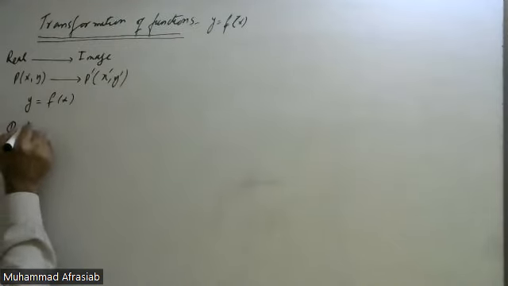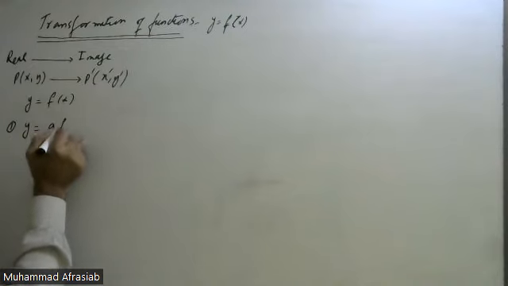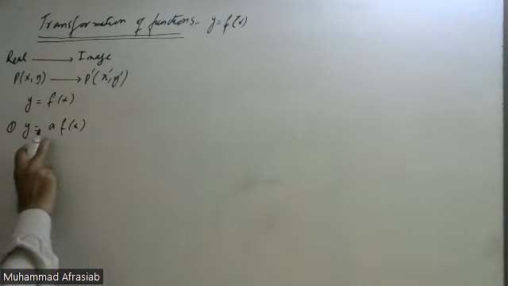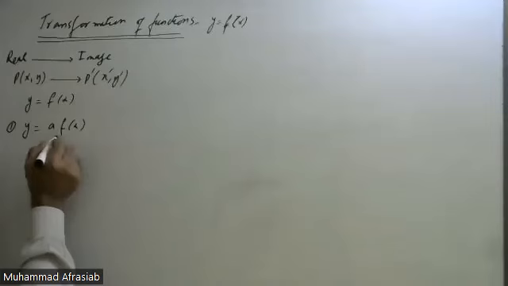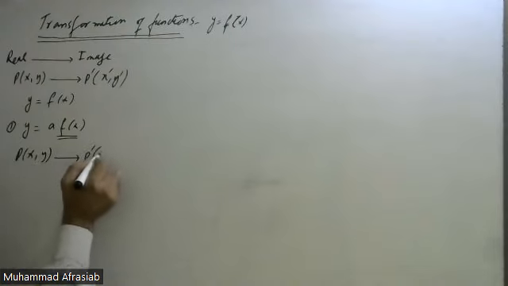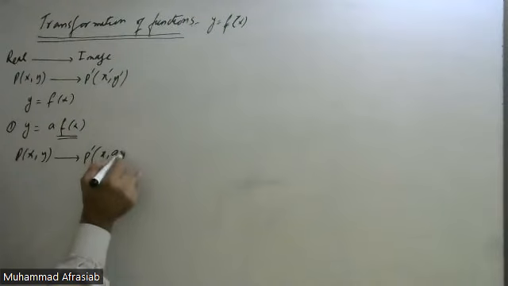y equal to a f of x, where a is a constant number and f of x is the function. So a is going to be multiplied outside the function. If we write this in mathematical form, if P is the real coordinate x, y, then it will be changed to x and a y.